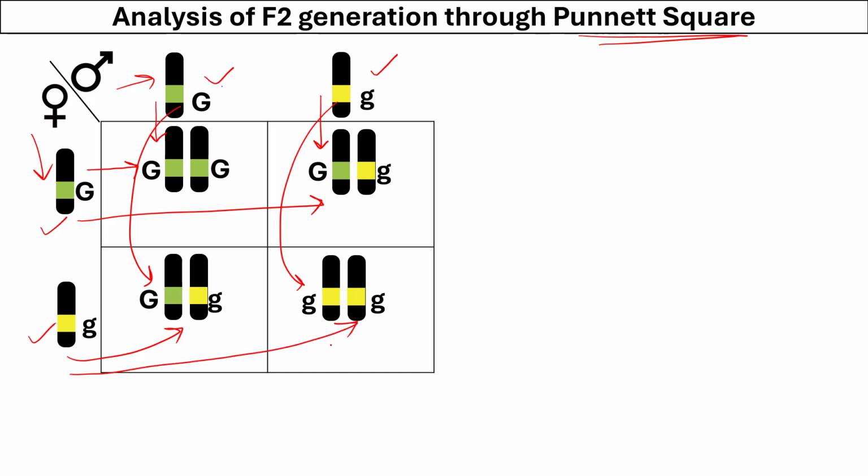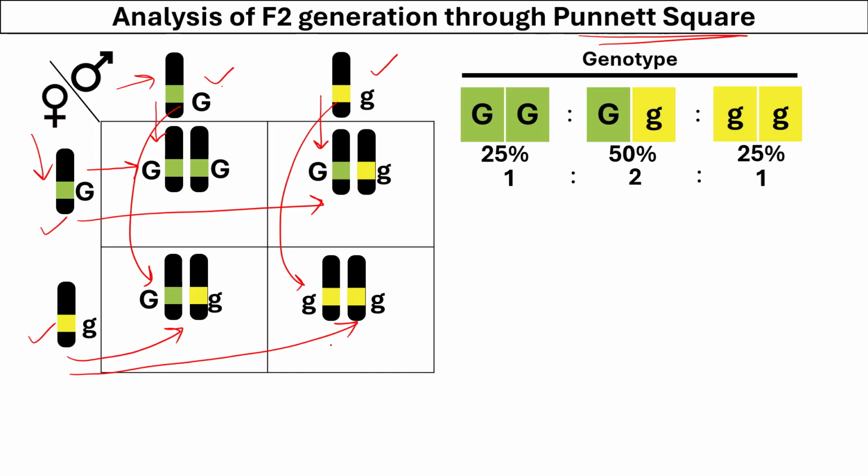It makes it easier to see, right? So the end results are one capital G, two capital G small g's, and one small g. So the genotypic ratio, in which you're only looking at capital and small letters, is 1:2:1.